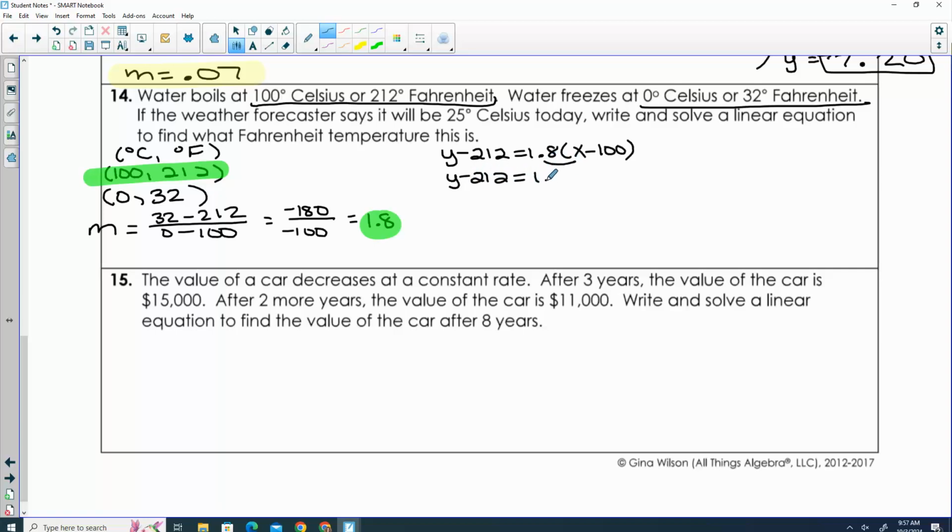So if we distribute, 1.8x minus... and then what do we do?